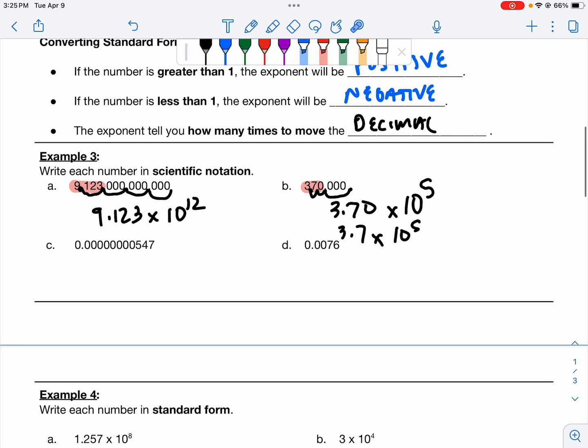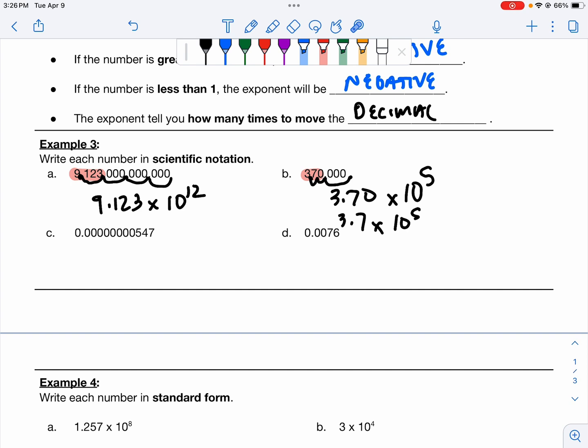All right, now the next ones. We have very, very small numbers. So we have to count how many times we want to move the decimal place. And we have to move the decimal place to what makes these three numbers between 1 and 10. So where I have to put that is right between the 5 and the 4. So what I'll get is 5.47 times 10. Now I have to count the powers.